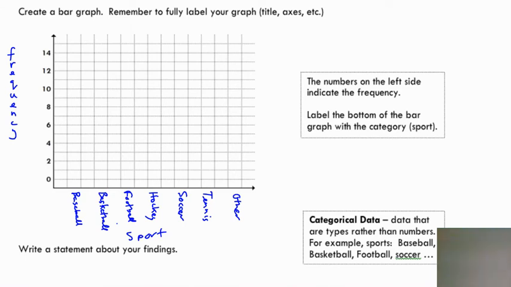So for baseball, we had 5, so that's going to fit right in between here. And you can sort of shade this in. Okay, then, so that was baseball. Basketball is 6, so it's right here.